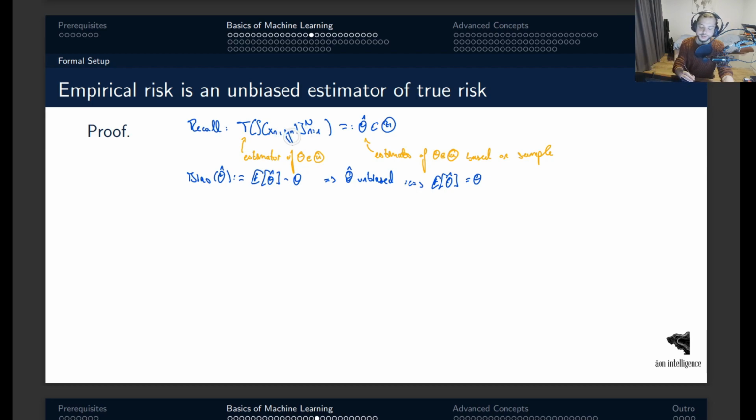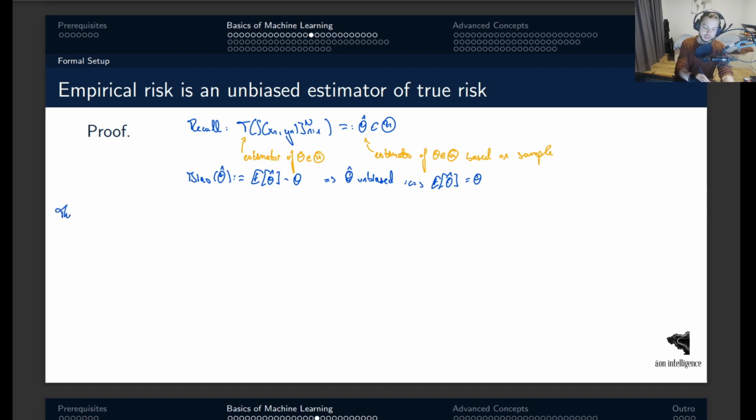And a function of a random variable usually tends to be a random variable itself. So, given this definition of the bias of an estimate, we have that the estimate is unbiased if the expectation of that estimate is equal to the parameter we want to estimate.